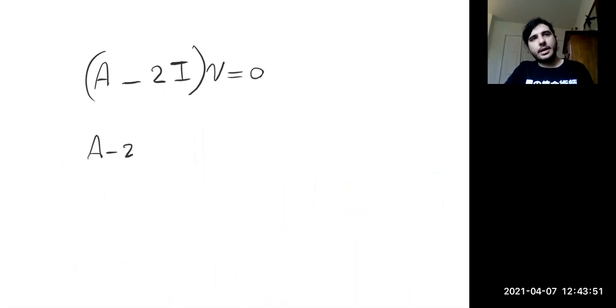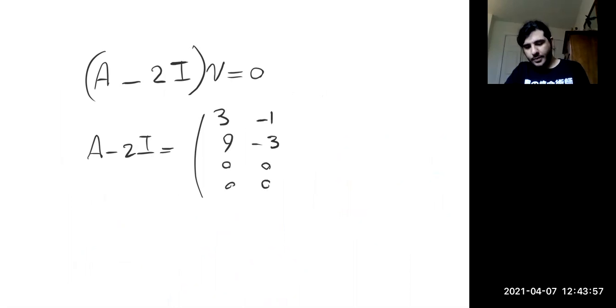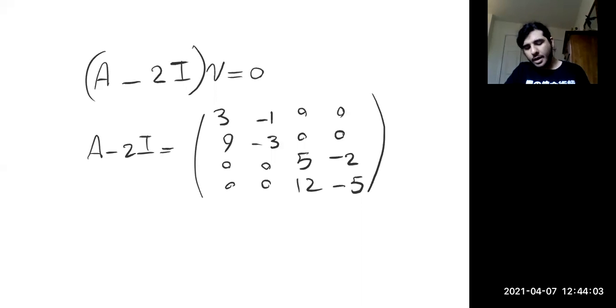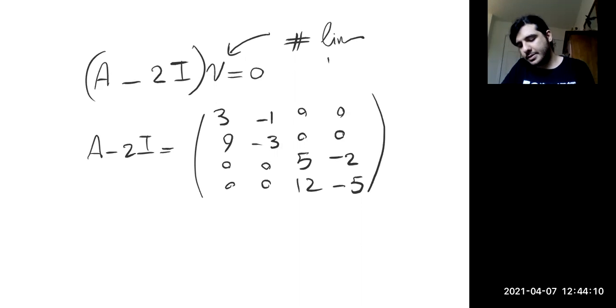A minus 2I is equal to this matrix: 3, 9, 0, 0, minus 1, minus 3, 0, 0, 0, 0, 5, 12, 0, 0, minus 2, minus 5. I should find the number of linearly independent vectors V satisfying this equation.